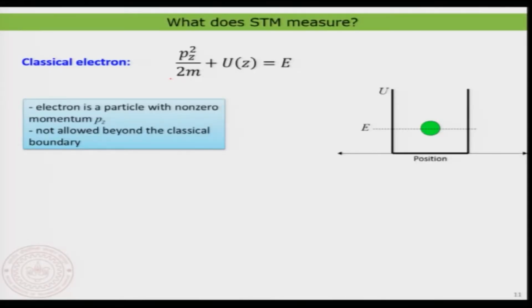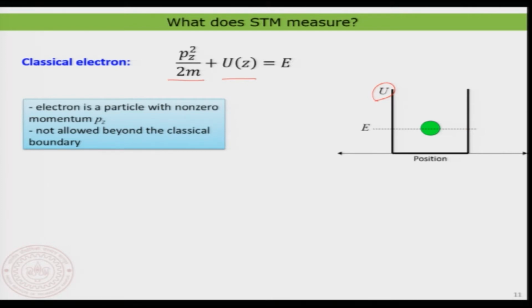Of course, a classical electron is represented by this energy expression. It has the kinetic energy and the potential energy, and that defines the total energy of the electron. Now, if you define a space that is a potential energy well, or potential energy barrier, having a certain potential called U, this black box here represents a one dimensional potential well.